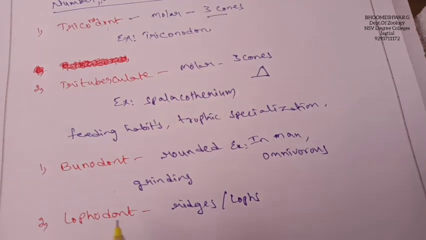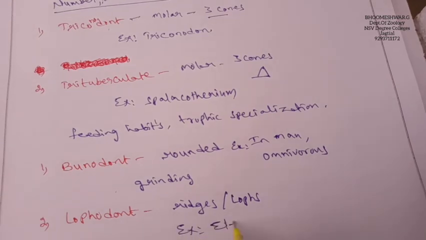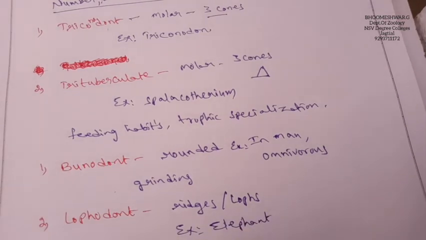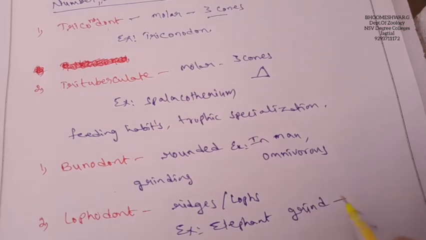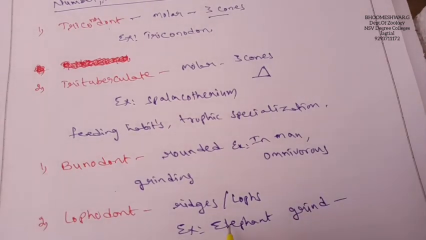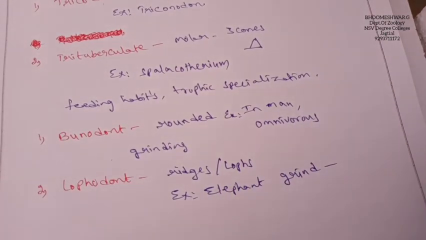It is seen in elephants, whose cheek teeth turn into lophodont teeth and are responsible for grinding all sorts of plants and grasses.